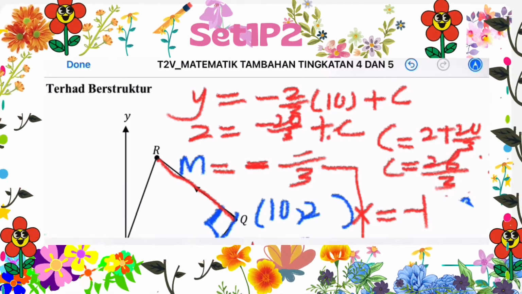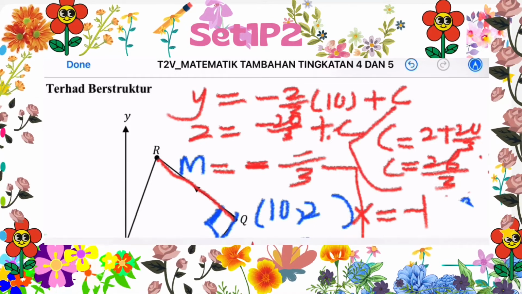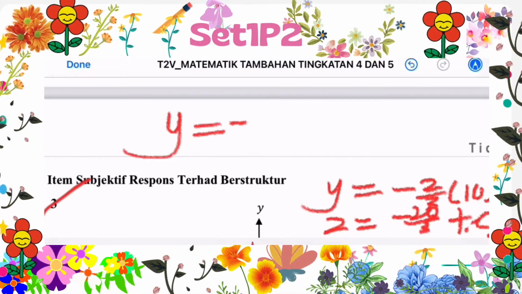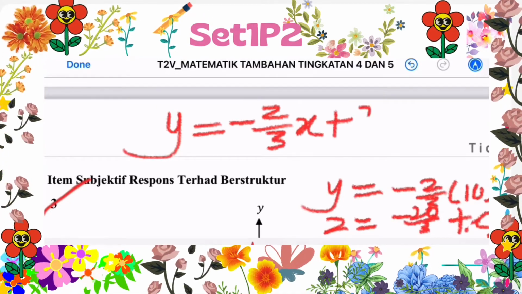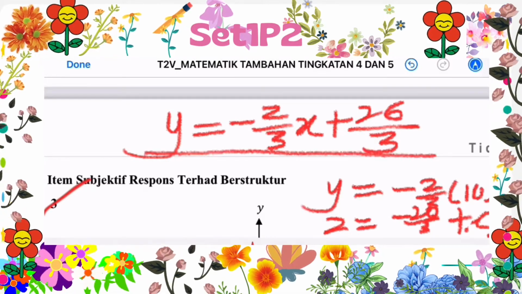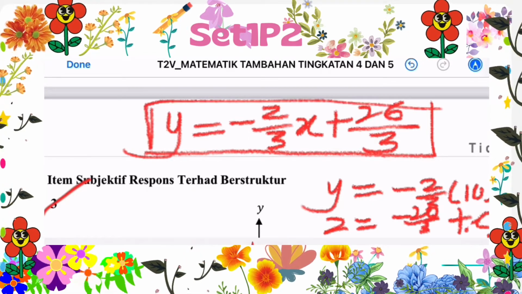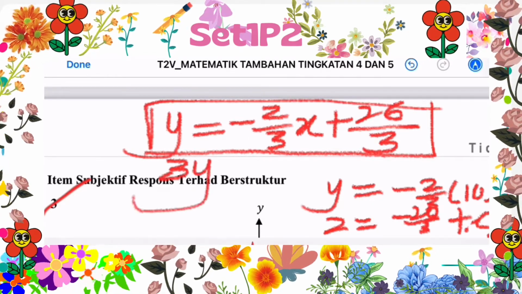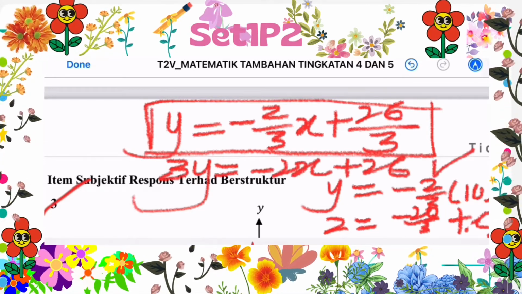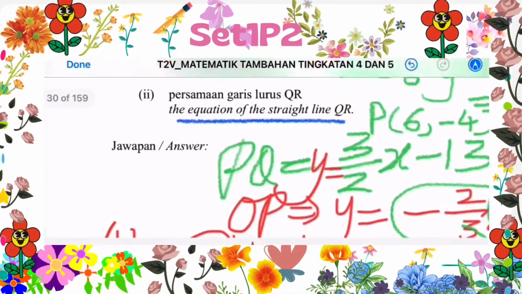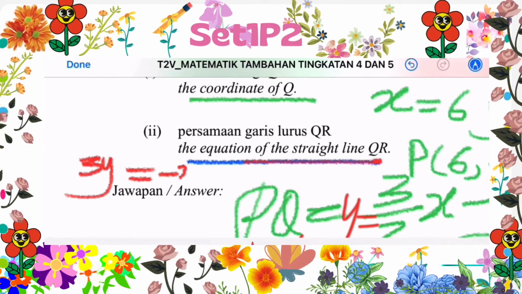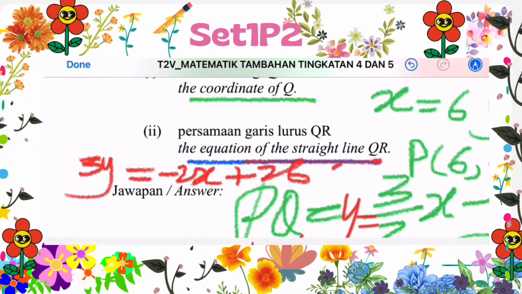Then I substitute into here. Alright, so my equation will be y equal to negative 2 over 3x plus 26 over 3. This is the equation in gradient form. If you want to write the equation in this way, you multiply by 3, also accepted. So either one. So the equation for QR is 3y equal to negative 2x plus 26.